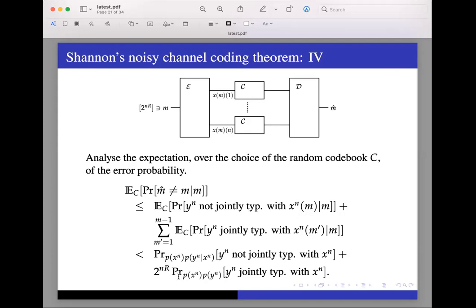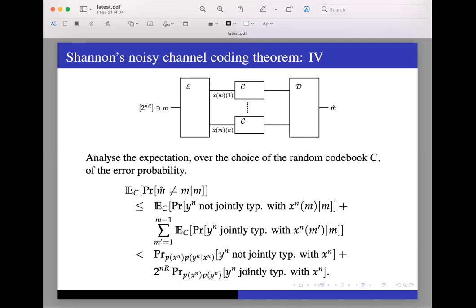Again, the last quantity is: given a sample from the product distribution, what is the probability that it is jointly typical with respect to the joint distribution? The word jointly typical is supposed to remind you that it's defined with respect to the joint distribution. Remember, joint typicality is an event. Event means it's a subset of strings.